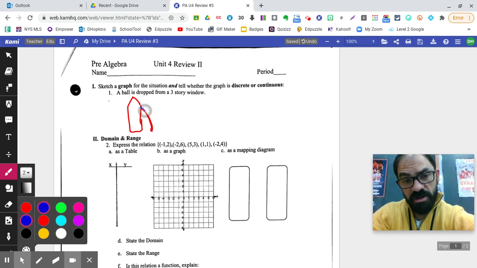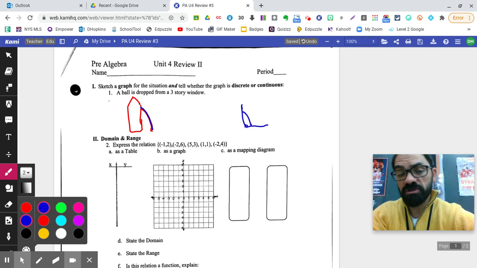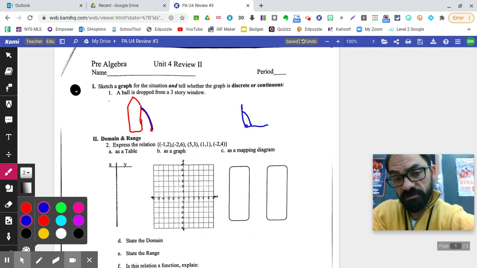So it looks like it just drops. If you drew it on axes right here, it would still look like that. Where you have height and you've got time.